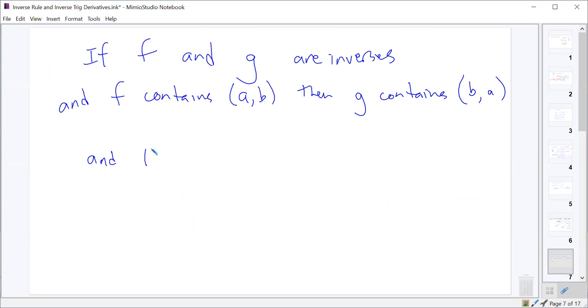And f prime of a is equal to 1 over f prime of b. Or not f prime, g prime. That was the whole point of this. Okay, so if these are inverse functions, the derivative of one of them at its x value is the inverse of the derivative of the other one at its x value. Good or no?